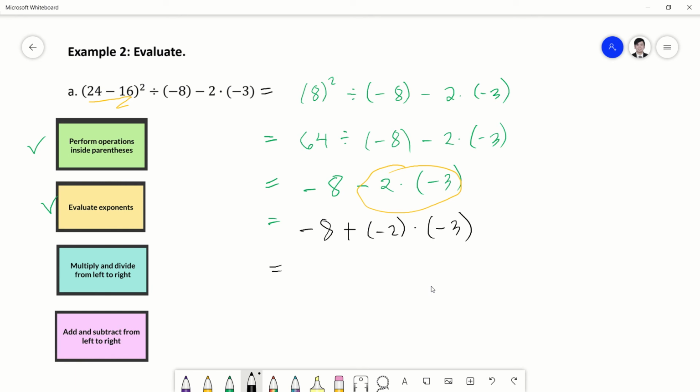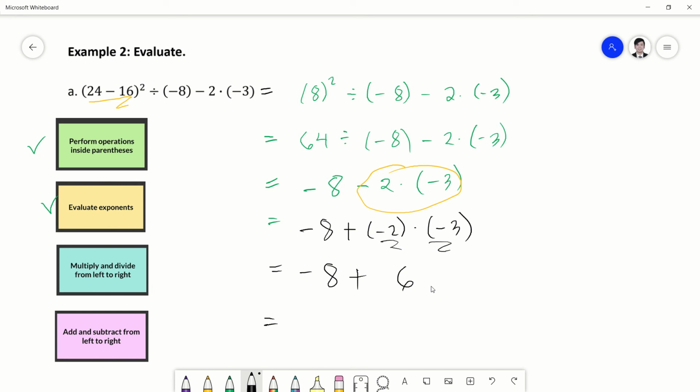So, we're still down here, multiply and divide from left to right. So, you have negative 2 times negative 3. Negative 2 times negative 3 is 6. And since both are negative, the answer is positive.